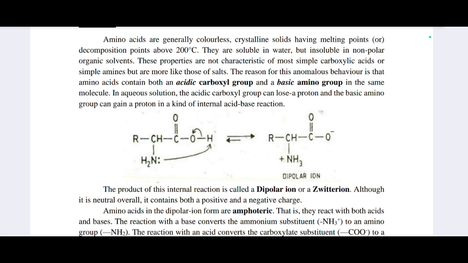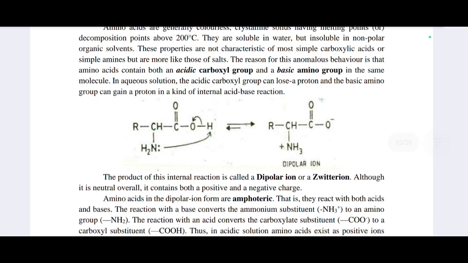This happens in aqueous solution, and the amine group on the other side absorbs the proton and converts itself into a positive ion. So the product of this internal reaction is called a dipolar ion, because both negative polarity and positive polarity are present in the same molecule.